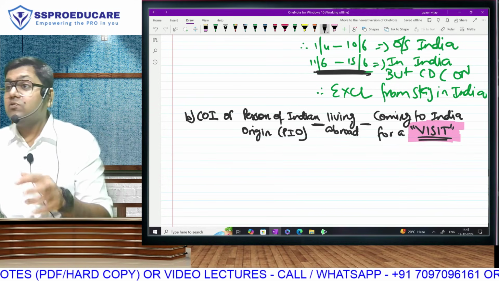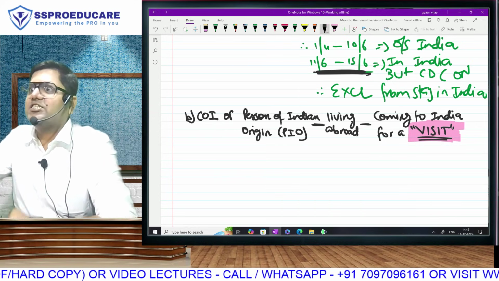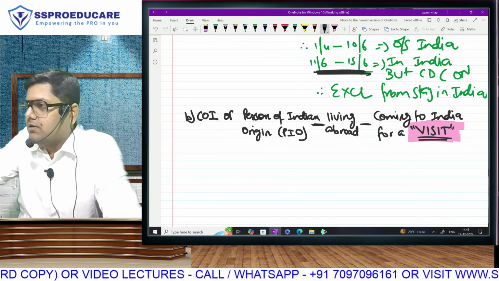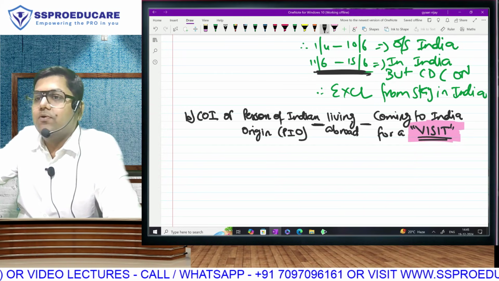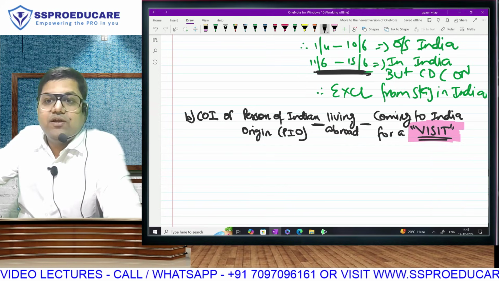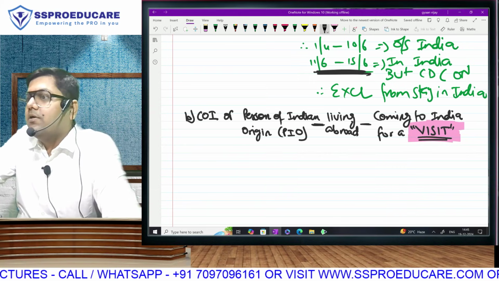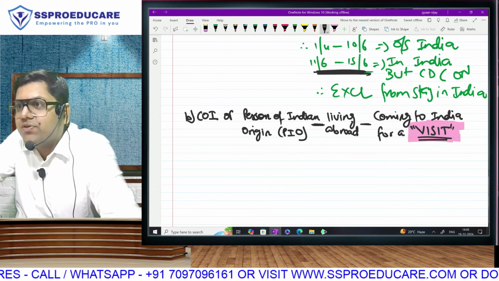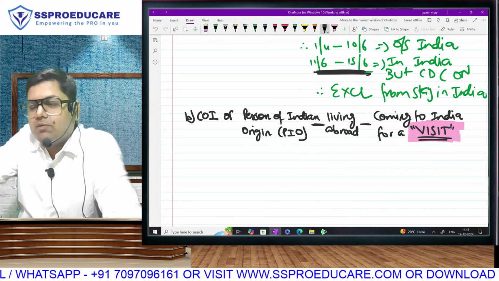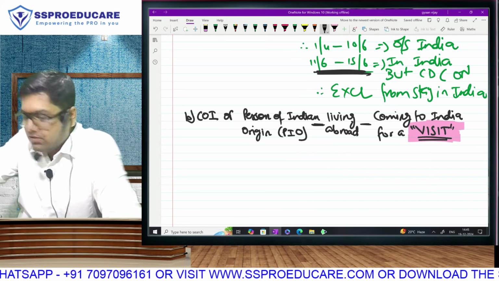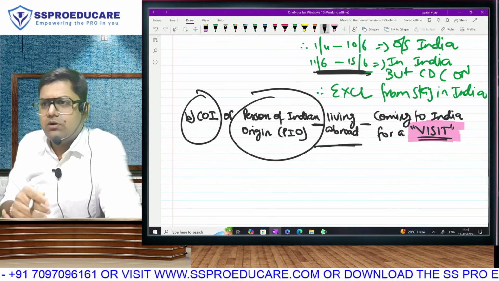If you are coming to settle back, then 6365 is applicable. Whom are we going to grant immunity from 6365? Those who are coming for visit. If you are coming for settlement in India, that means you are not coming for visit, so 6365 will apply. Let us talk about these relatives of mine: citizen of India or person of Indian origin, living abroad.